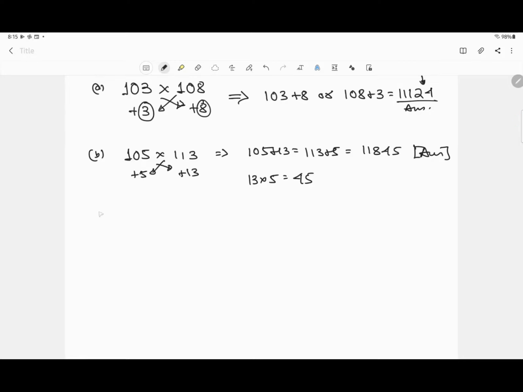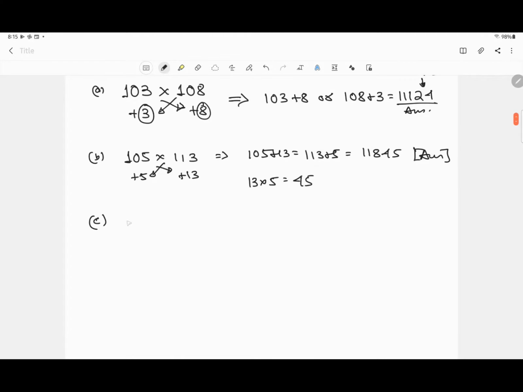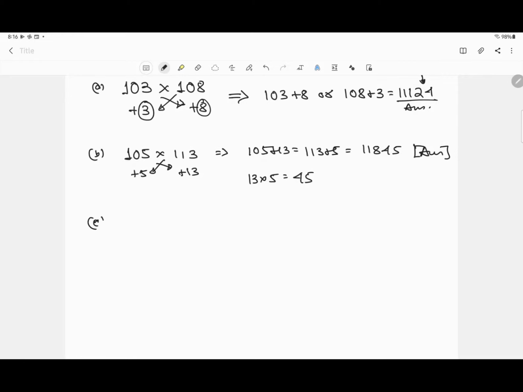So next let us take another two numbers. Let us take 102 into 104. This is a special case, that's why I want to show you. Here it is 100 plus 2 and 100 plus 4. So what will we do? 102 plus 4 or 104 plus 2, that will give us 106.